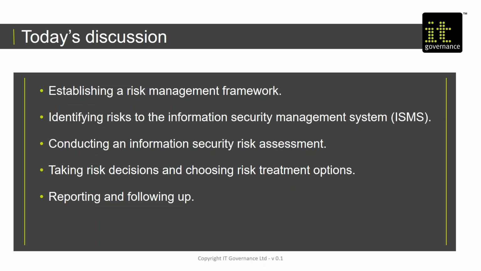So there is a section 6.1.1 of the standard, a requirement that the organization considers risks to the information security management system in achieving its objectives, and there is a requirement at 6.1.2 that the organization conducts an information security risk assessment, and that goes on to 6.1.3 that talks about risk treatment, and then 6.2, of course, you've got objectives which align typically to the risk assessment and risk treatment decisions.